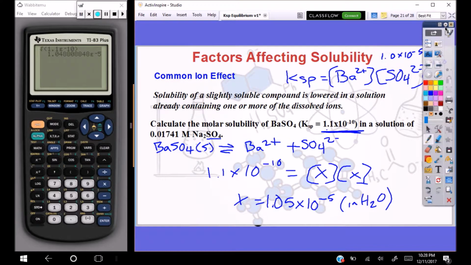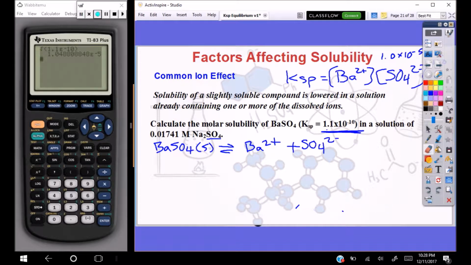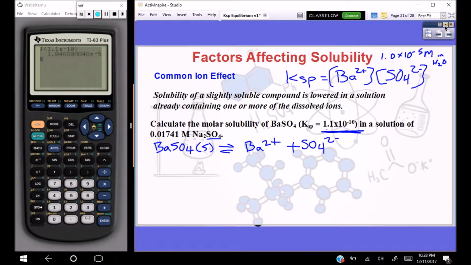Okay? It's good just to have that number there because it's good to compare and really see if you've done this problem correctly, right? So if we were to do this for this problem where we have all this sulfate in solution, we can set up our KSP expression just like we did above.